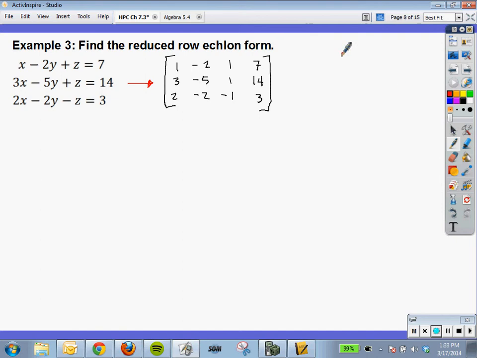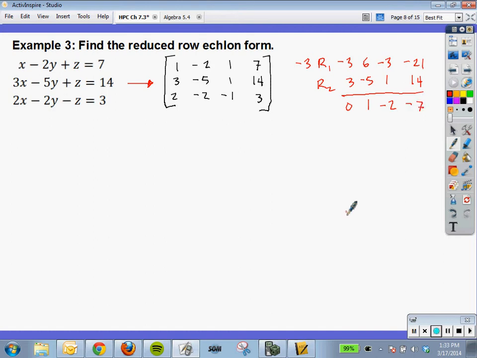So I'm going to go for multiplying row 1 by a -3, and that gives me a -3, 6, a -3, and a 21, and I'm going to add that to row 2. And I'm going to add straight down. So I have a 0, a 1, a -2, and then a -7 there.